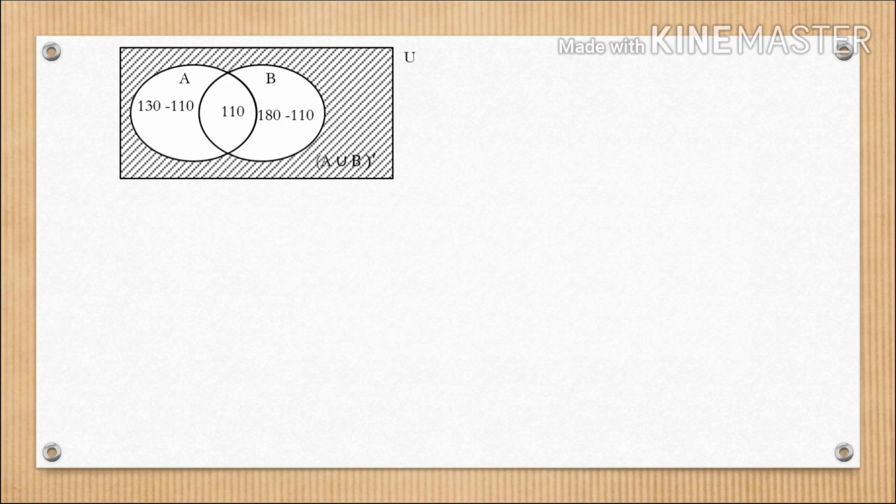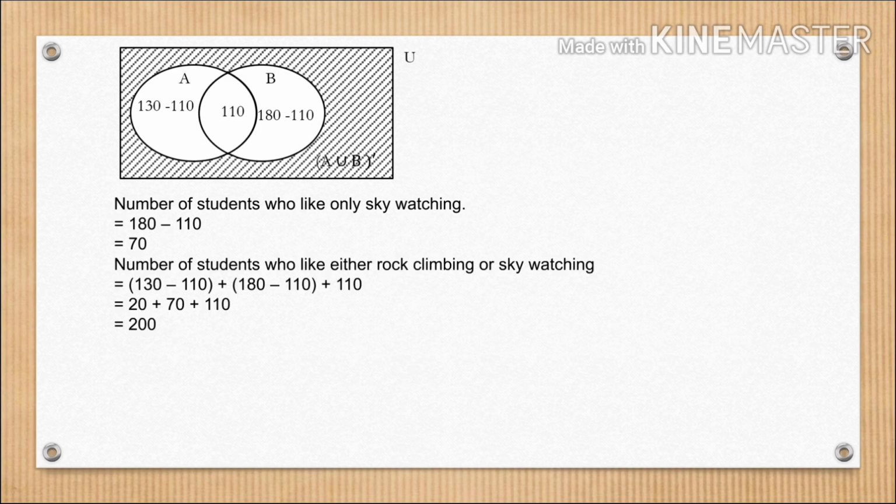And set B contains 180 students. Among those 180, there are some students who like rock climbing also. So 180 minus 110, so 70 is the number of students who like only sky watching.